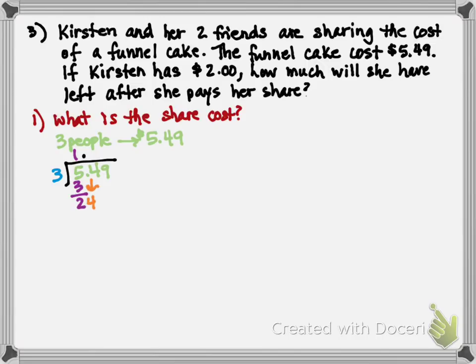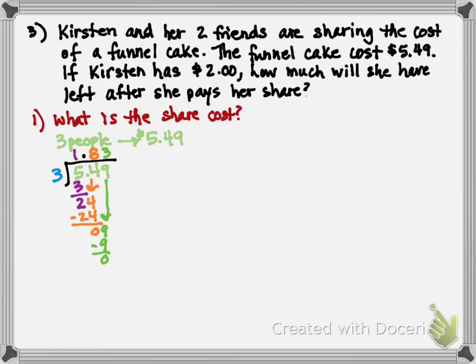And let's see, can 3 go into 24? Yeah, actually it can, exactly 8 times. So at this point we have 0, but we're not done dividing because there is another digit, the 9. And 3 goes into 9 3 times, which is 9. So look at that. It worked out perfectly. So keep that in mind.